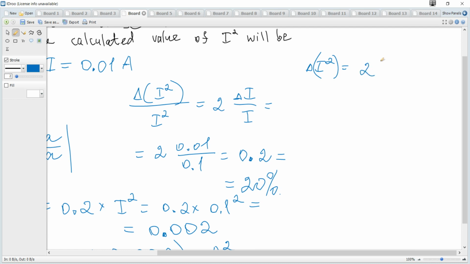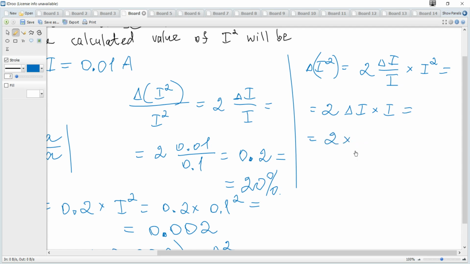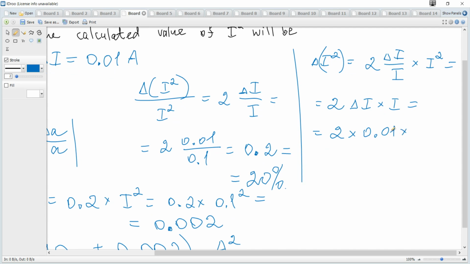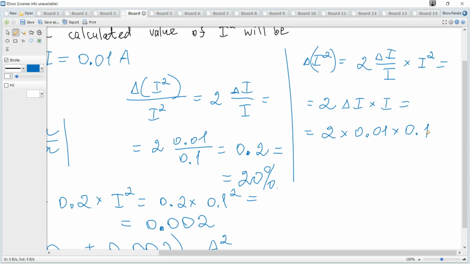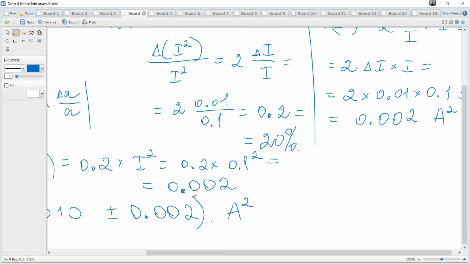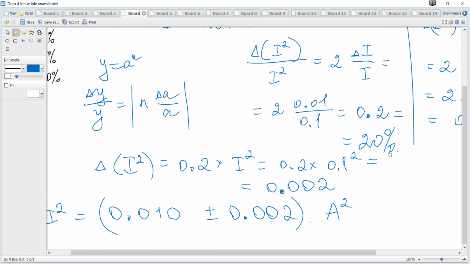We can see that it's 2 delta I divided by I, but then we need to multiply by I squared, so we can write that it becomes multiplied by I squared, and simplifying, 2 delta I multiplied by I. And it becomes 2 multiplied by delta I, which is 0.01, multiplied by I, which is 0.1, and it becomes 0.001 multiplied by 2, which is 0.002 amps squared, and we can see that we get the same result. And that's all for this question.